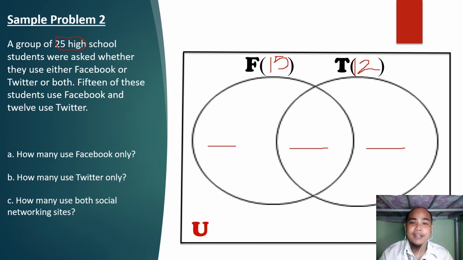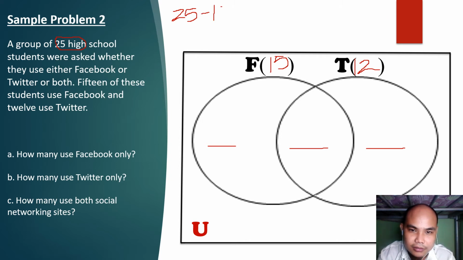And that's 25. So of course, we need to use 25 as a whole and then subtract something so that we can provide the rest. So we need to subtract 15, or Facebook, from the entire universal set, which is 25. So 25 minus Facebook 15, since there are 15 students who use Facebook.